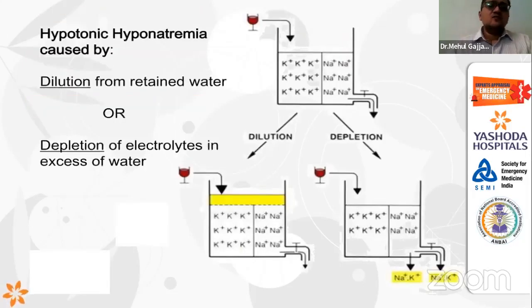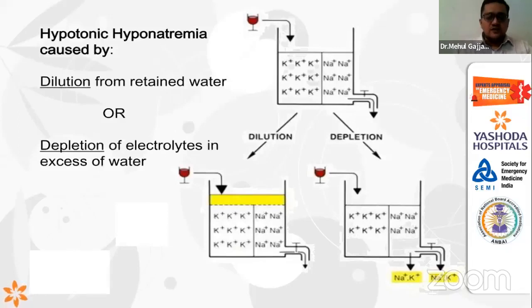Most of the time, the cause of hypotonic hyponatremia is either dilution from retained water, that is, sodium or potassium is lost as normal but water is getting retained, which causes hyponatremia, or there is a depletion of electrolytes, that is, sodium is lost more as compared to water.